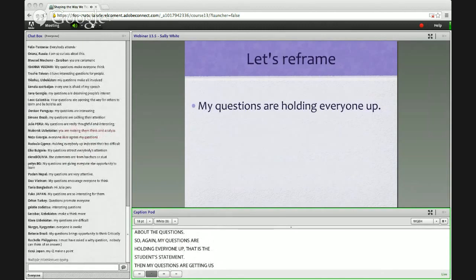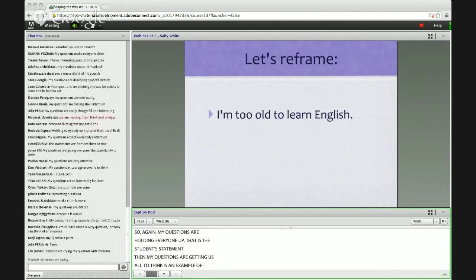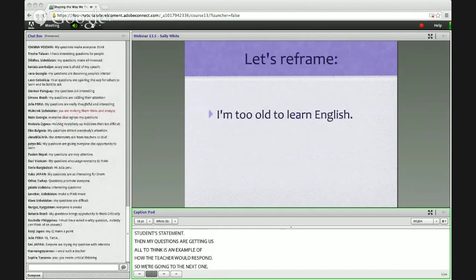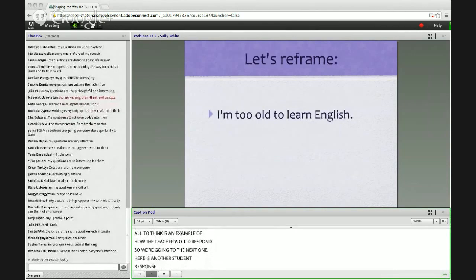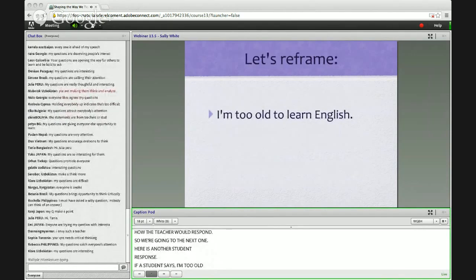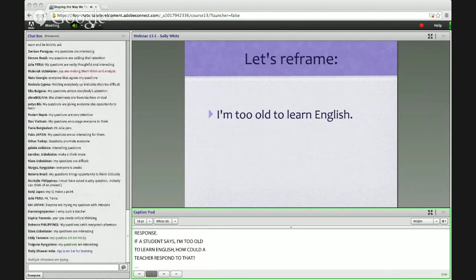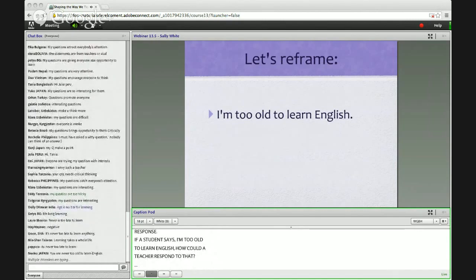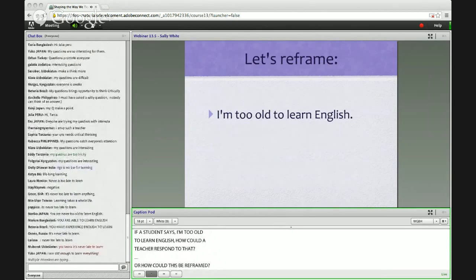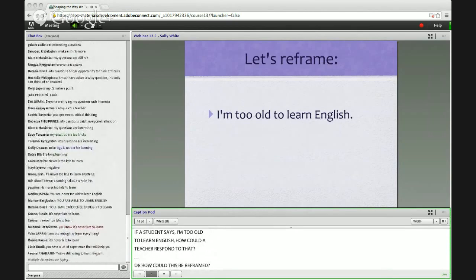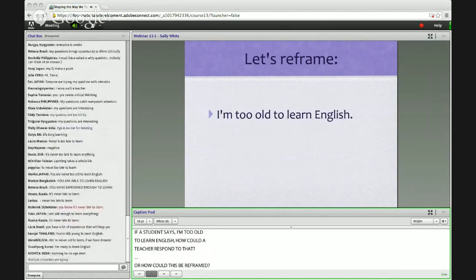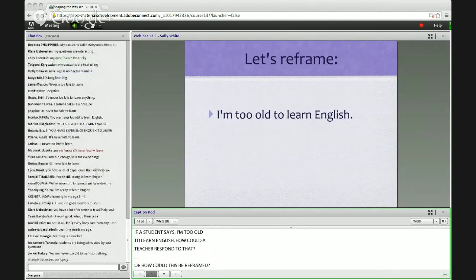So we're going to go to the next one. Here is another student response. If a student says, I'm too old to learn English, how could a teacher respond to that? Or how could this be reframed? Learning takes a whole life.